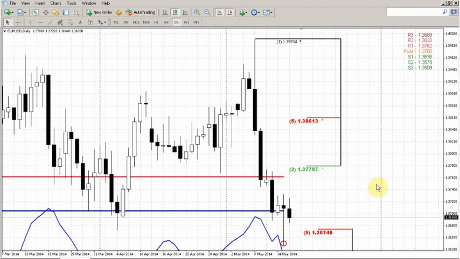Looking at the euro currency today, we have a lot of significant moments in the fundamental part. On the monthly chart, in the previous week we said that the May candle could become the reversal candle, and it will depend on where May closes, at what price.